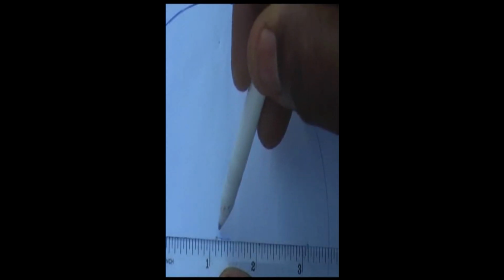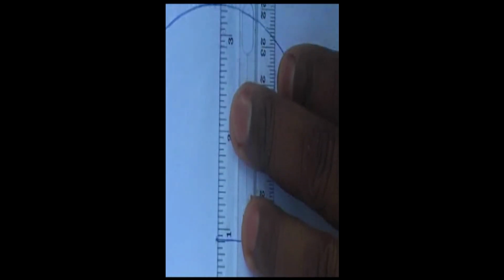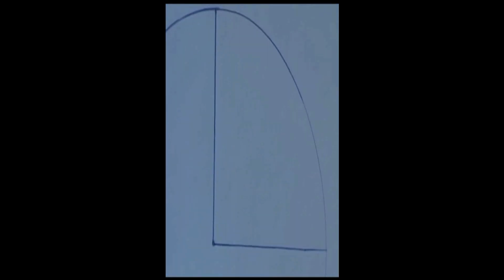Join this and extend it to the end of the circle. Then join this also. Also extend it to the end of the circle. You can see you have extended it to the end of the circle, as you could see on the screen now.